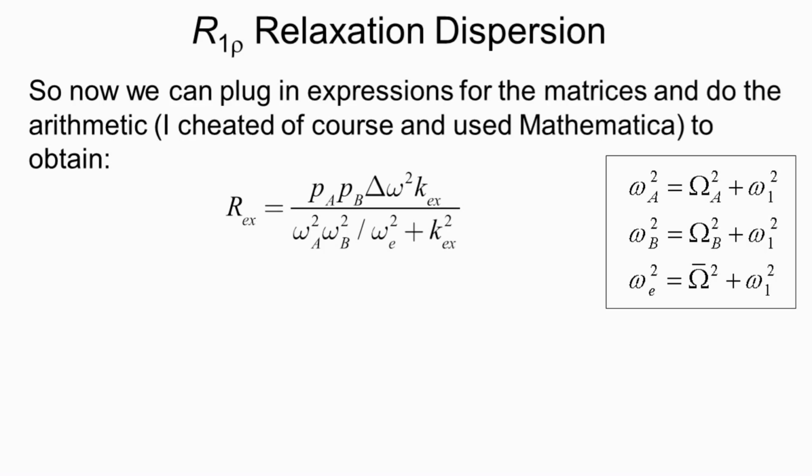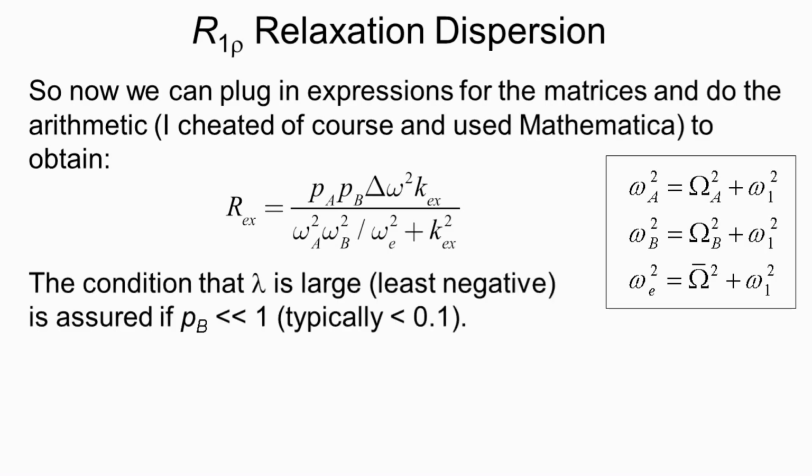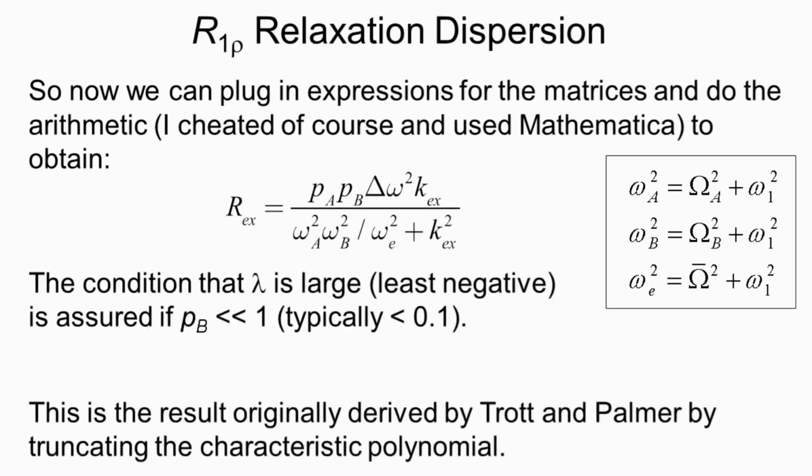And once again, omega E is the effective field at the average frequency. It's easier to see what this means if we go to the limit where the site populations are highly skewed, say less than 10%. This expression, by the way, was originally derived by Oleg Trott by truncating the characteristic polynomial, a much more complicated procedure where he had to keep track of hundreds of terms.